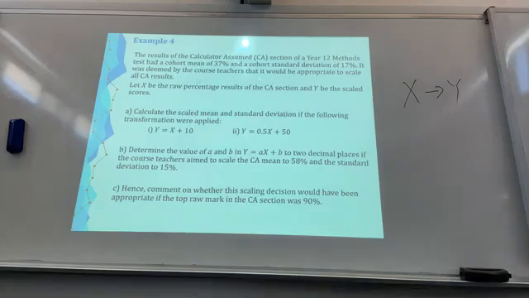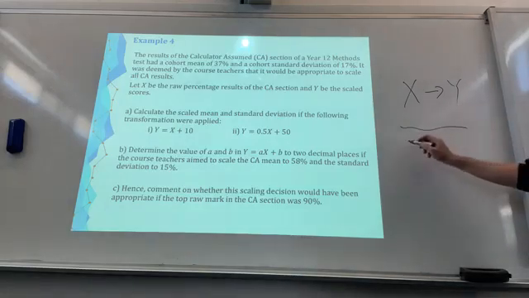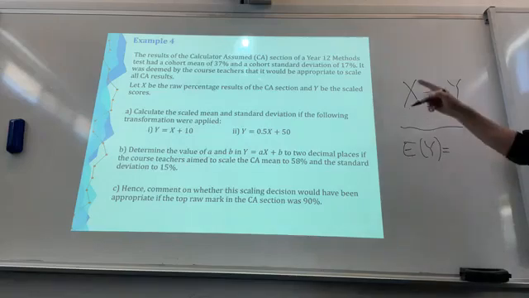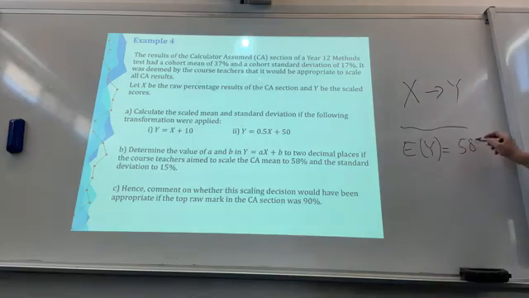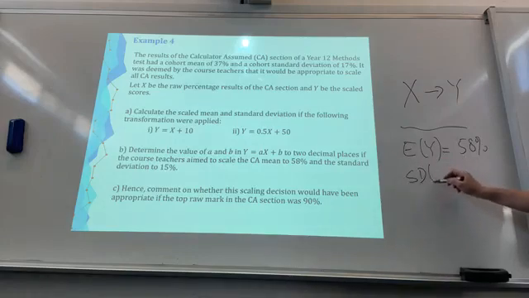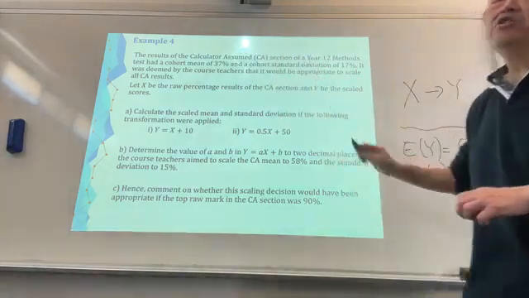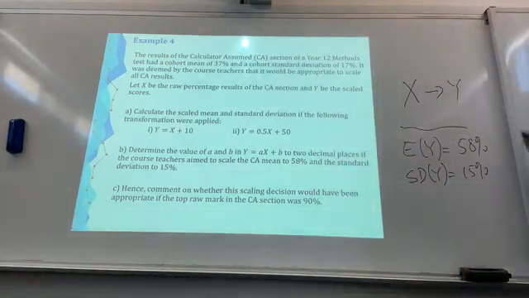So here, part B, you're thinking of E(Y), which is now 58%, and the standard deviation of Y will be 15%. Alright, you've got the information there, you should be able to work those out.